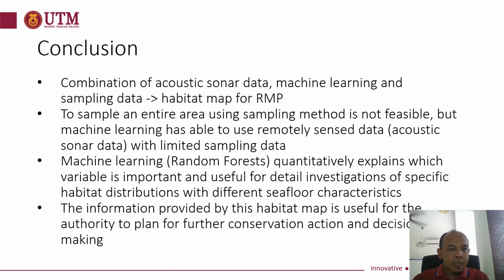And we can explain the importance of each of the variables we use. Also, this information is quite useful for authorities, such as the Marine Park Authority, to plan further conservation action and decision making.